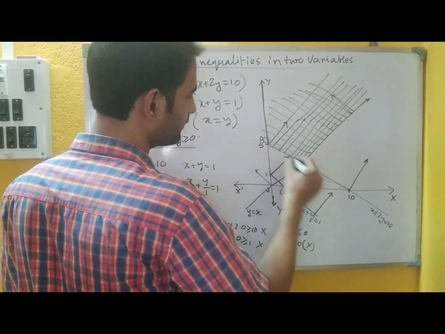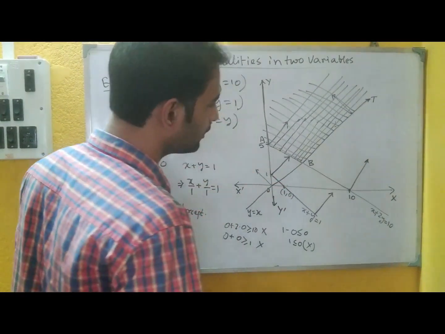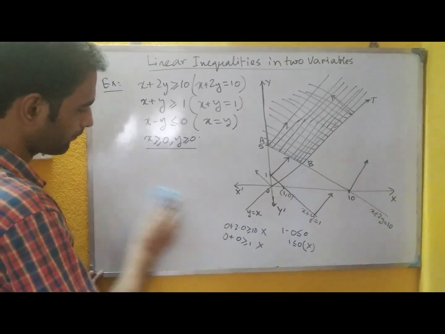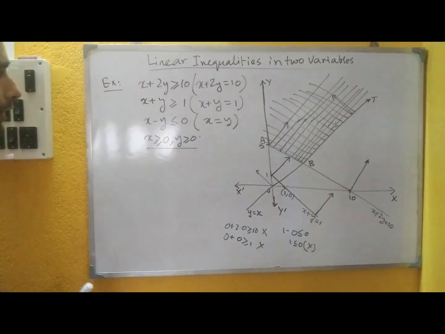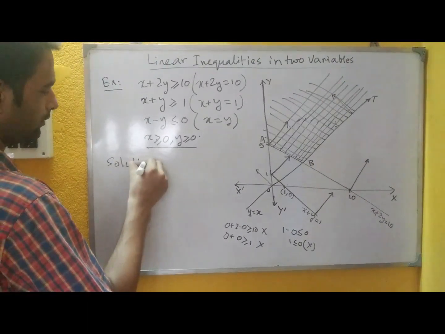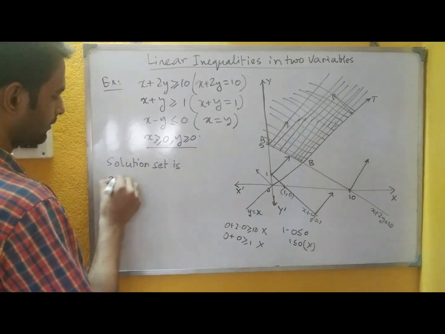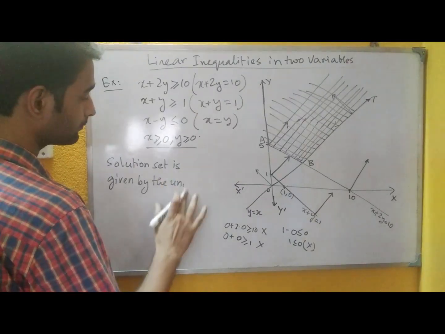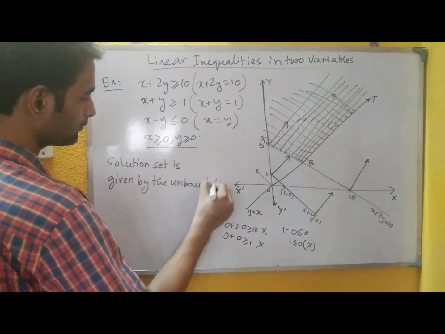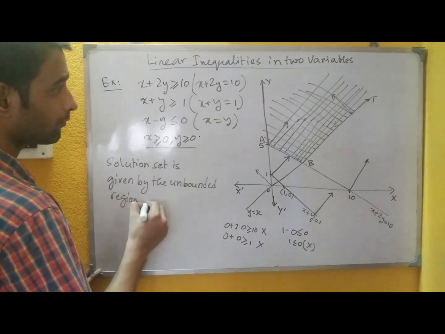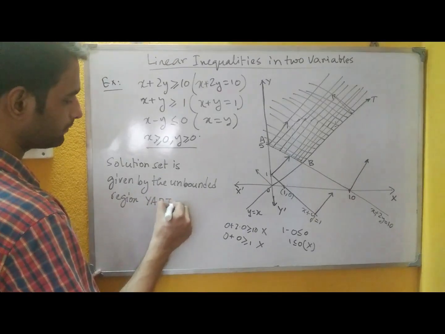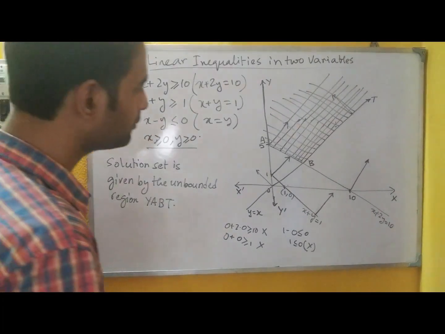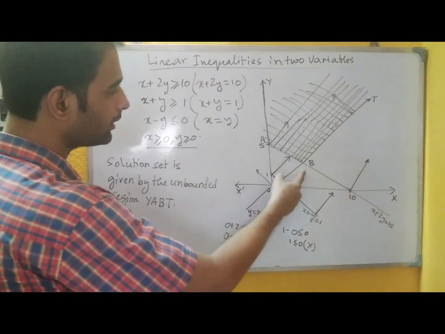Say this point is A, this point is B, and here it is T. So we write the solution set as given by the unbounded region y, A, B, T. So this is the way we write the solutions, and it is better to mention the coordinates of the points A and B, what we can see here.